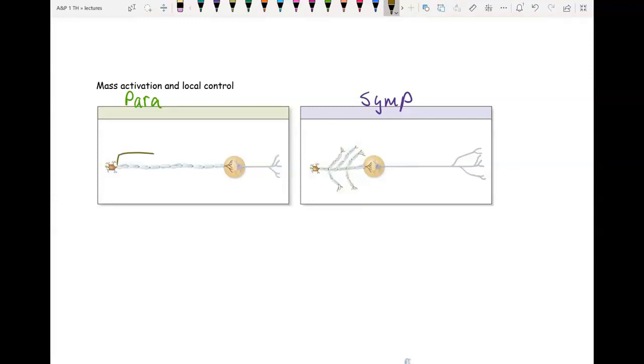So here we have a long, unbranched preganglionic. In sympathetic, we have a short, branched preganglionic.